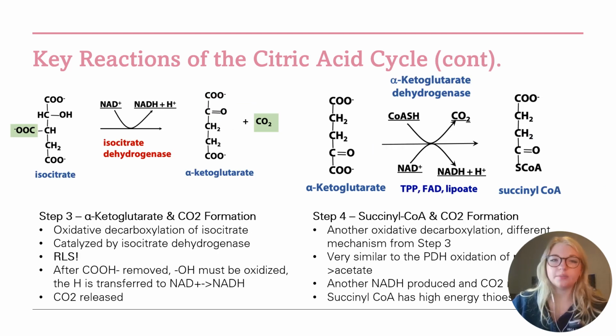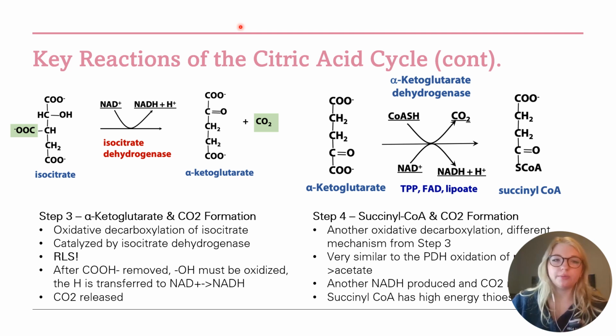In the third step, the oxidative decarboxylation of isocitrate is catalyzed by isocitrate dehydrogenase. What this means is that the carboxyl group highlighted in green here will be removed and the OH group will be oxidized to a carbonyl, with the hydride from that OH group being transferred to NAD+ to form our first electron carrier, NADH. It is super important to remember that this step is the rate-limiting step.